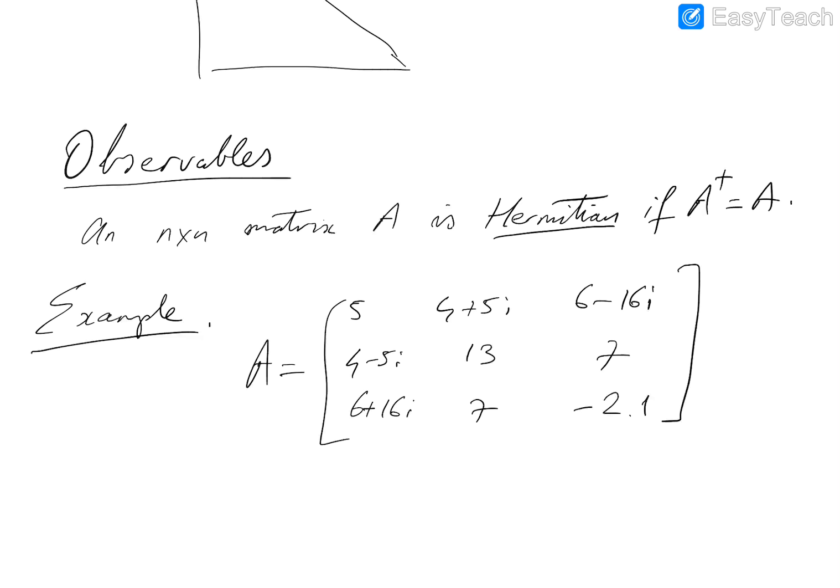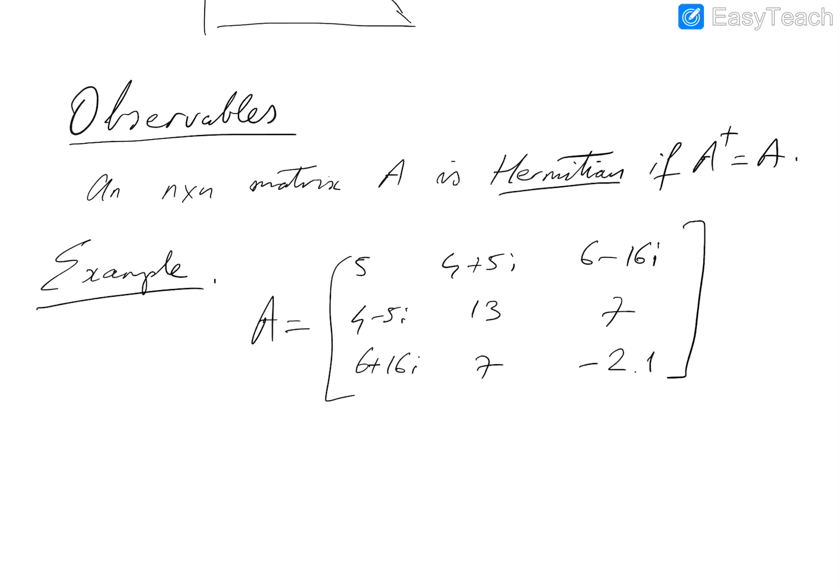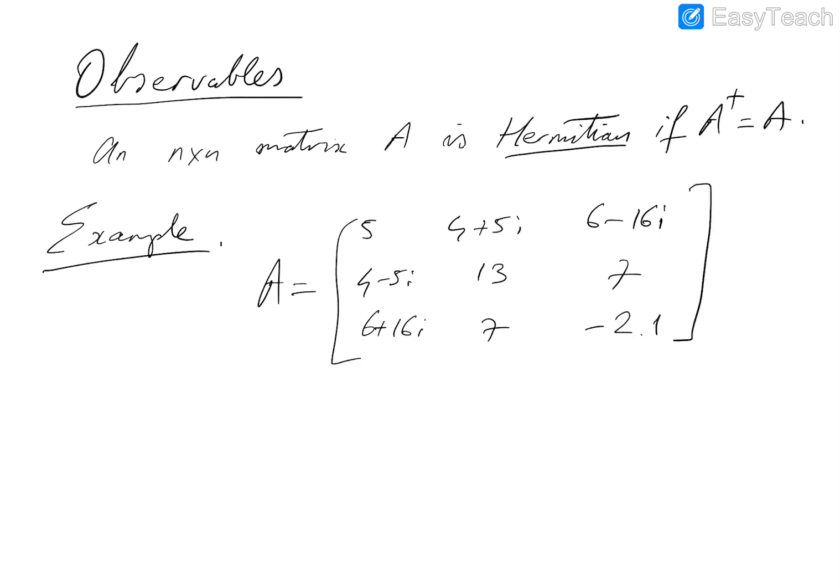So in quantum mechanics, given an n-dimensional quantum system, an observable is an n by n Hermitian operator. Okay, and note that by definition, the diagonal entries of a Hermitian operator must be real numbers, right?